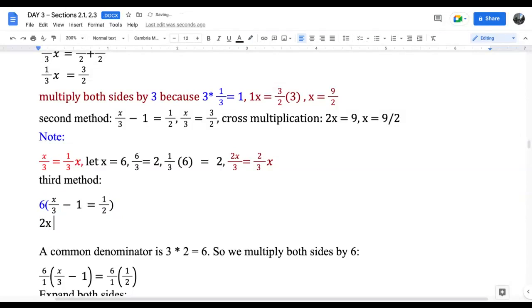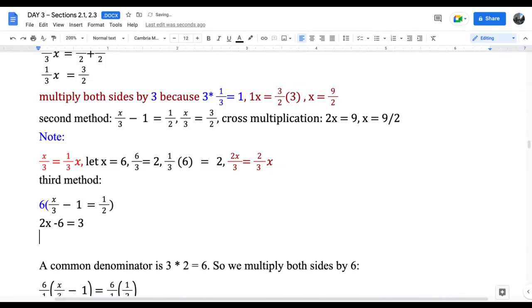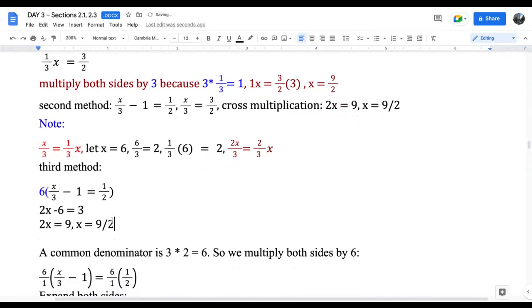Do you see that's 2x? 6 times -1, that's -6, right? Half times 6, 3. But then I move -6 to the other side, right? I get 9. So x equals 9/2. So that's the third method, all right?